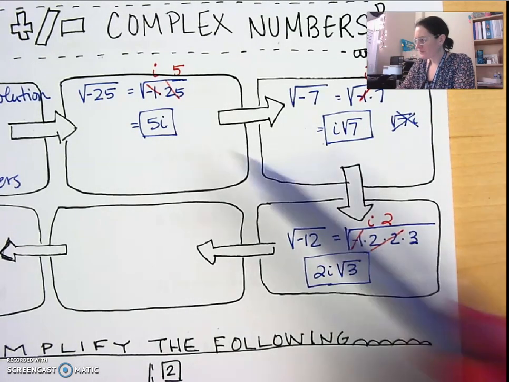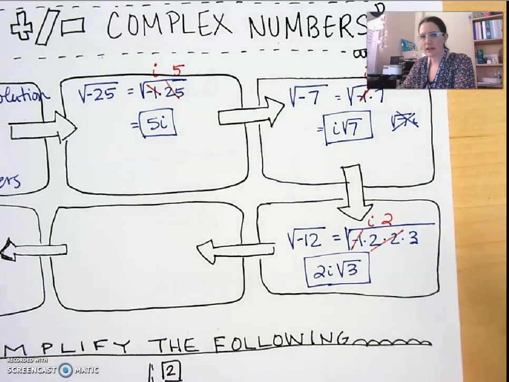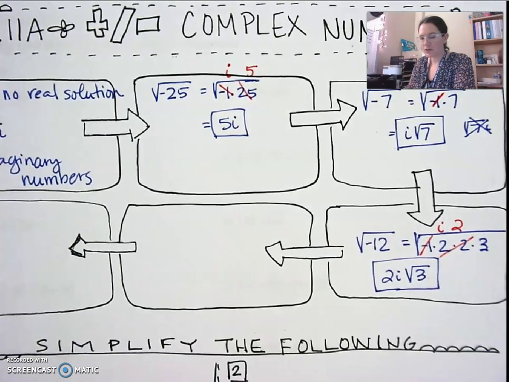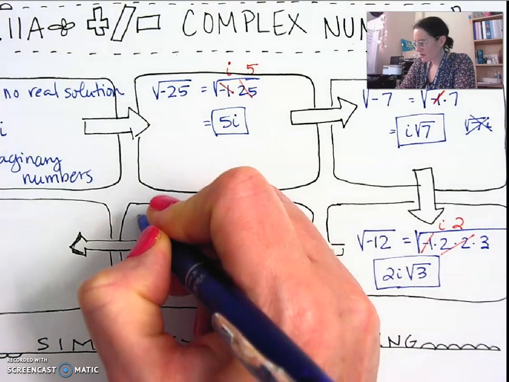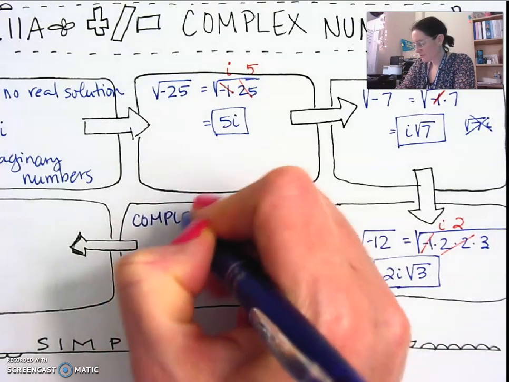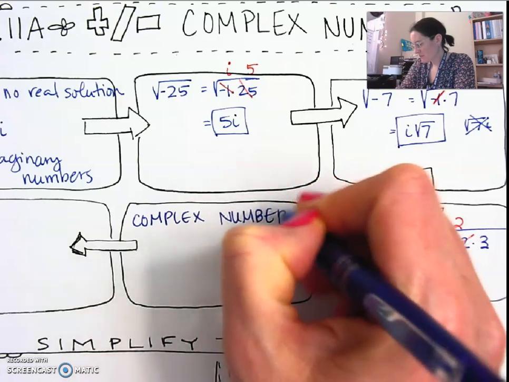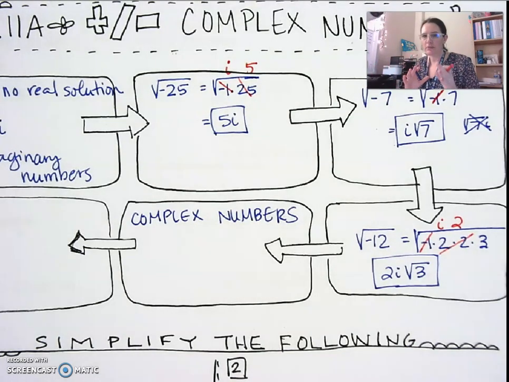All right, now these three answers are terms. They don't have anything being added or subtracted to them, and we're going to talk about that in just a second. But first, I want to talk about the general form for what's called complex numbers. So complex numbers are the set of all the real numbers plus all the imaginary numbers.